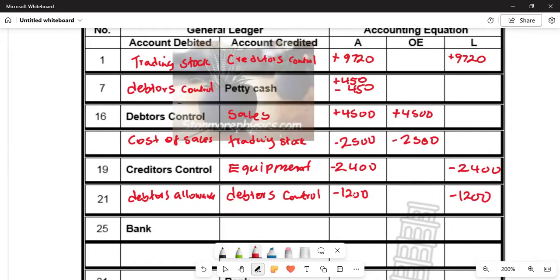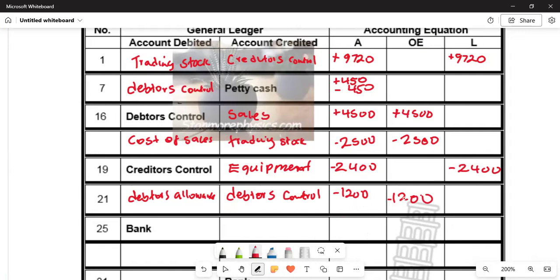So them returning these goods, which are even totally damaged, is going to decrease our owner's equity. So that is an error there. We wanted to write it under owner's equity, not liability. Owner's equity, 1,200 goes under owner's equity.